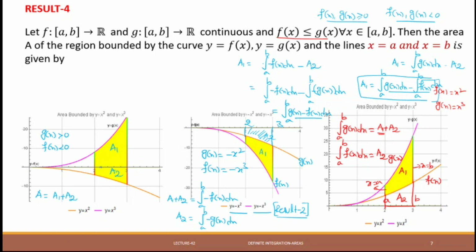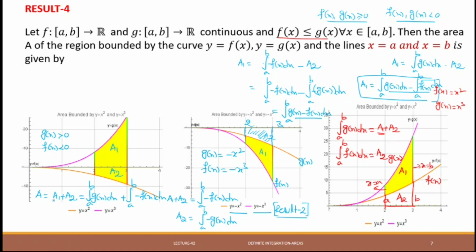So area of a1 can be found out easily. This area a1 is given by integral a to b g of x dx. This is by result 1. This area a2 can be given by result 2, that is integral a to b minus f of x dx.